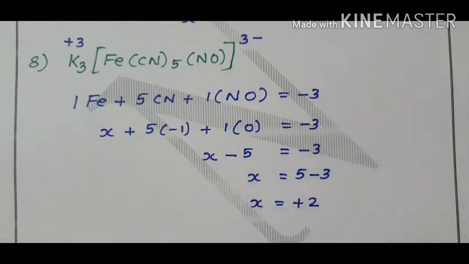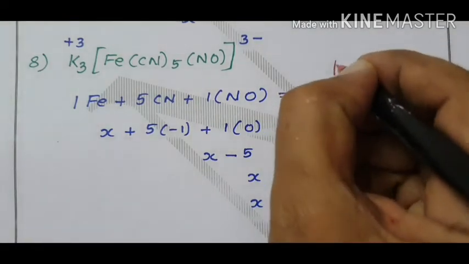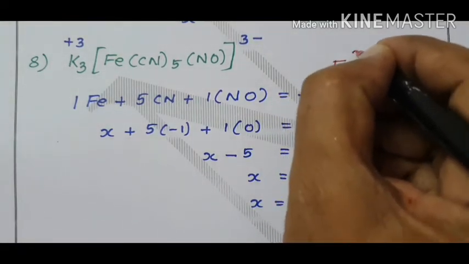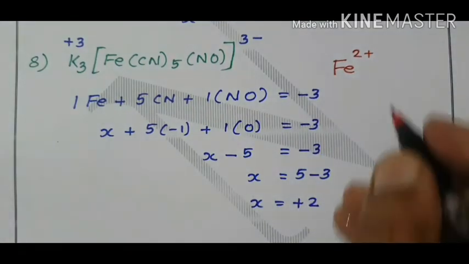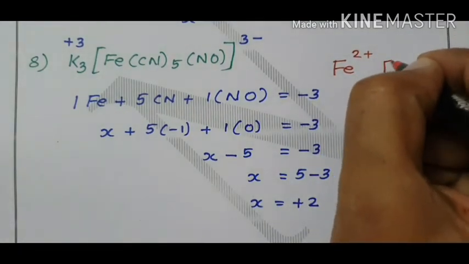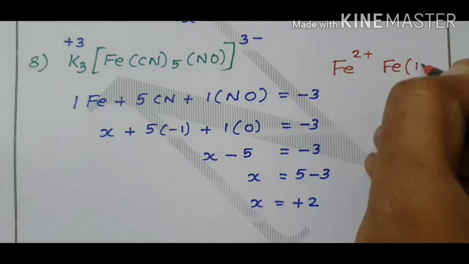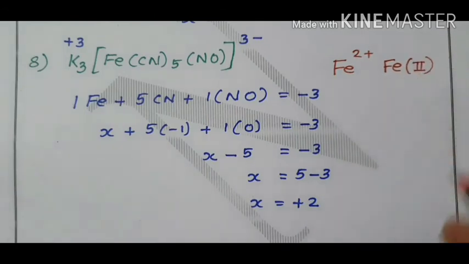The value of the oxidation state of iron is plus 2. Fe is in 2 plus. In IUPAC nomenclature, ferrous, 2 plus is indicated by the Roman numeral 2.